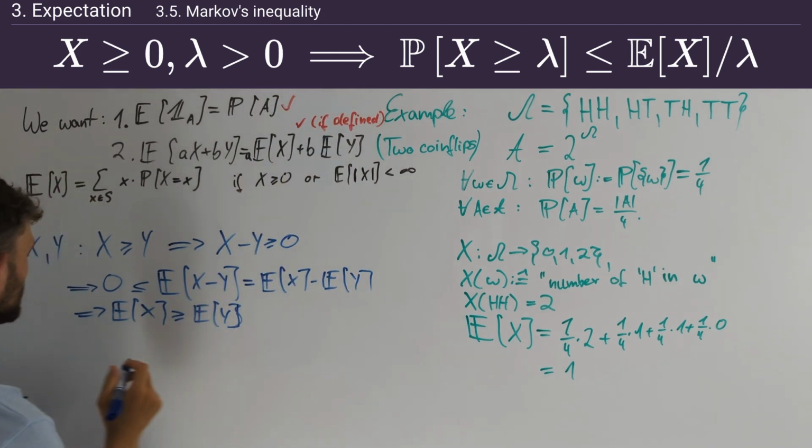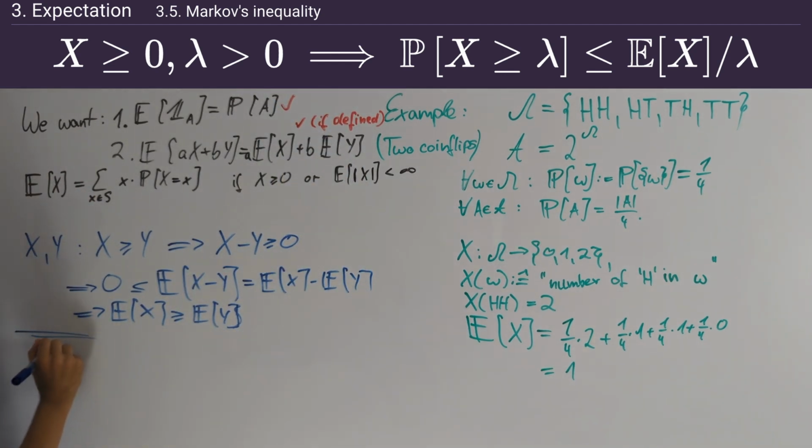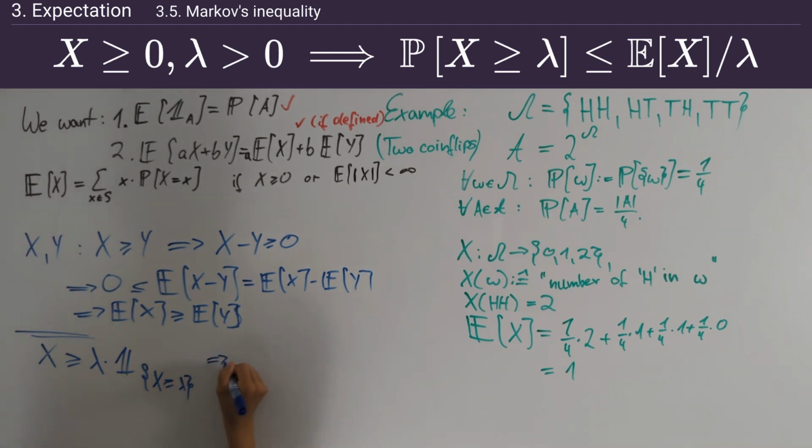To prove this result, we simply notice that the random variable X is greater than or equal to lambda times the indicator random variable of X greater than or equal to lambda. Applying monotony of expectation, we obtain that E[X] is greater than or equal to the expectation of the right side.